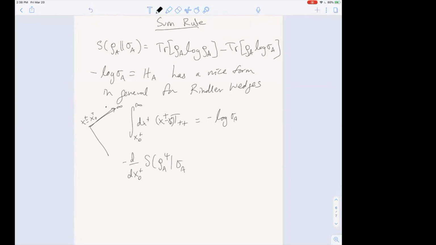Let me always denote the vacuum by omega. Sorry, I should have said, this is for the vacuum, which has a nice form. That's very important. In general, it does not have a nice form for general states.